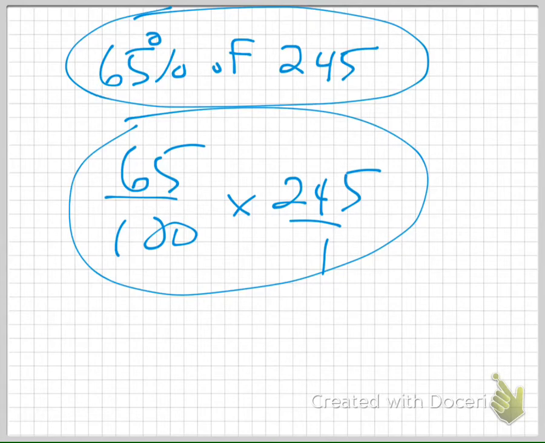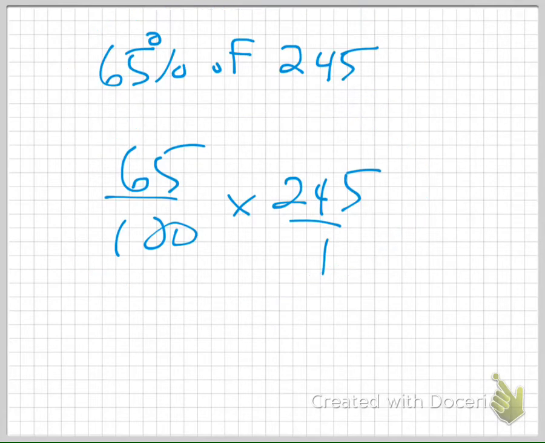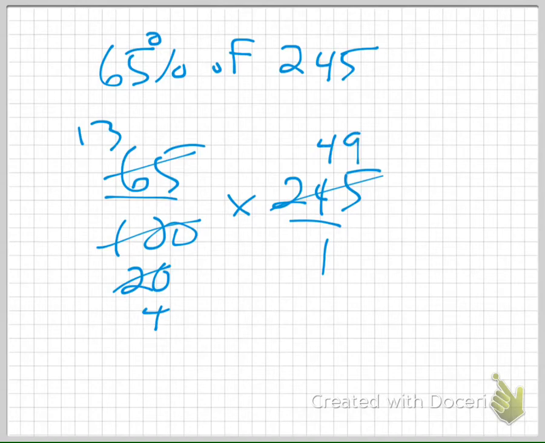But if I made you do it the long way, then this is how I would do it. Now, what do you do at this point? You reduce things, right? So I'm going to divide this by 5, which is 20. Divide this by 5, which is 13. Divide this by 5 again, which is 4. Divide this by 5, which is 49.